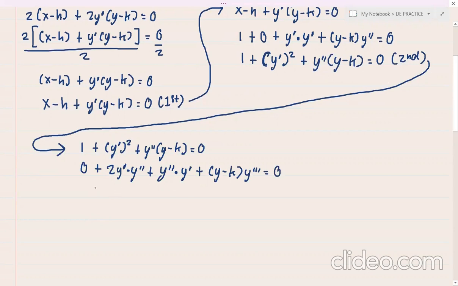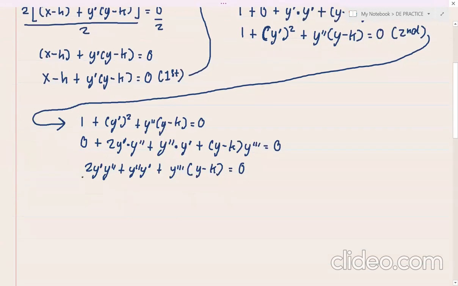So after that, let's simplify. If you simplify this, you will have 2 times y prime, y second prime plus y second prime times y prime plus y third prime times quantity y minus k. That's it.